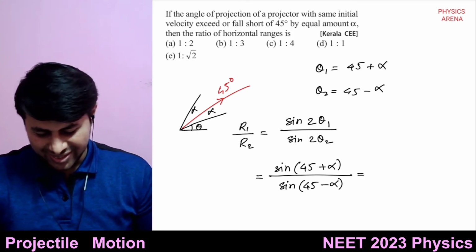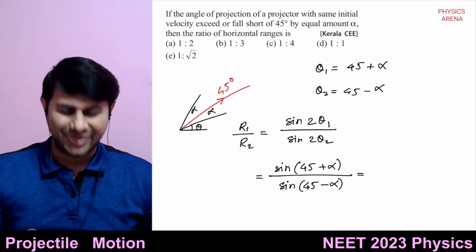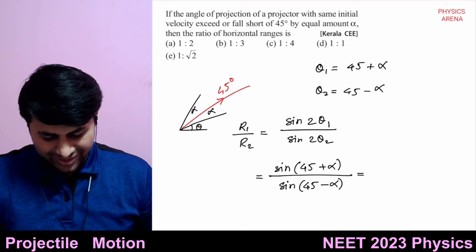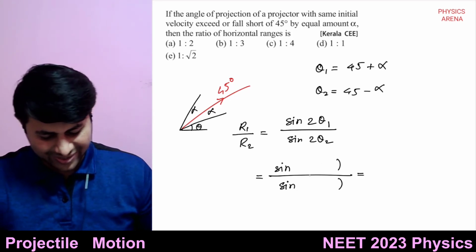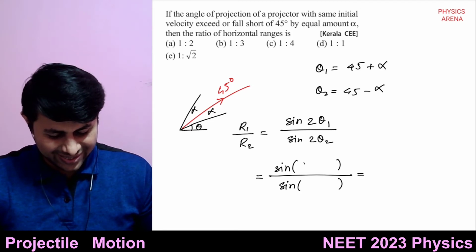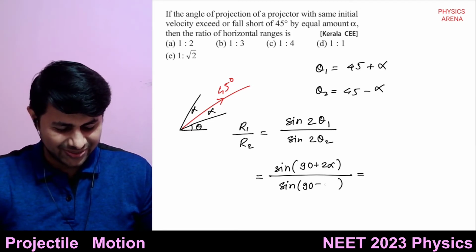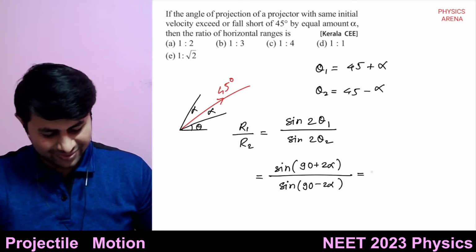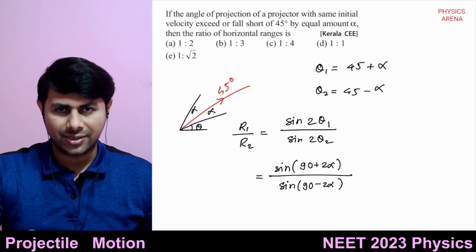It is 2 theta 1, 2 theta 2. This will be sine of 90 plus 2 alpha over sine of 90 minus 2 alpha, right? Yes, sir. Okay, and now what is sine of 90 plus 2 alpha?